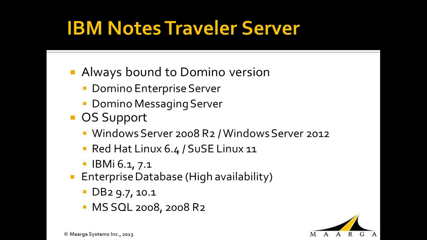Enterprise database as in DB2 9.7 or 10.1 or MS SQL Server 2008 or 2008 R2. And in this webinar, we are not going to look in detail into the Traveler server's high availability option, but we are only going to look at the standard Traveler server features, capabilities, and its functionality.